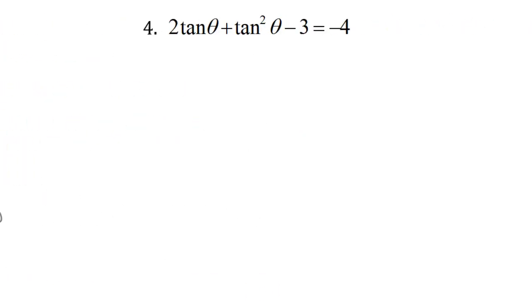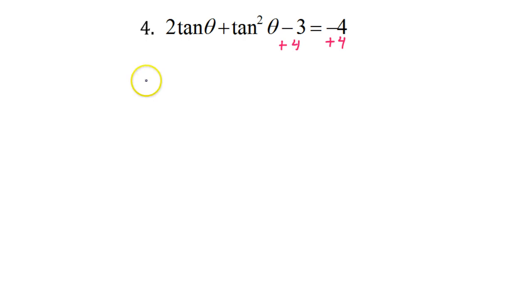Okay, let's take a look at number 4. Okay, I see all tangent, so that's good. But let's get 0 on one side. So I'm going to go ahead and add 4 to both of these. And I'm going to rewrite this in descending exponential order.